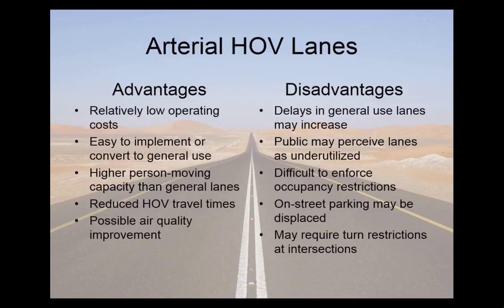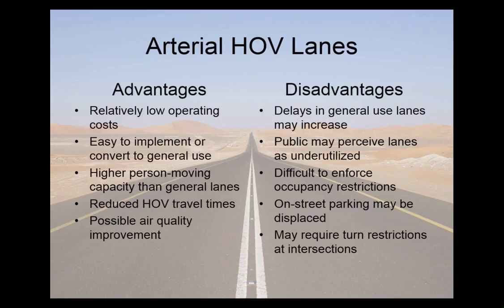Here is a basic rundown of the various advantages and disadvantages of HOV lanes on arterials. Advantages are that HOV lanes have relatively low operating costs. They're easy to implement or convert back to general use if they don't work out, since you don't have to add another lane for an HOV lane.